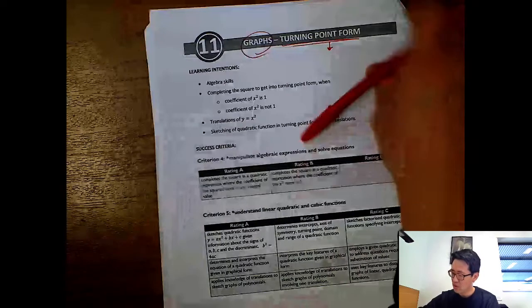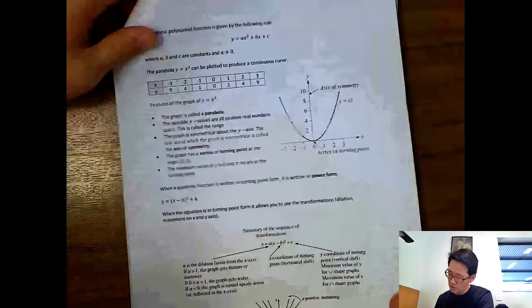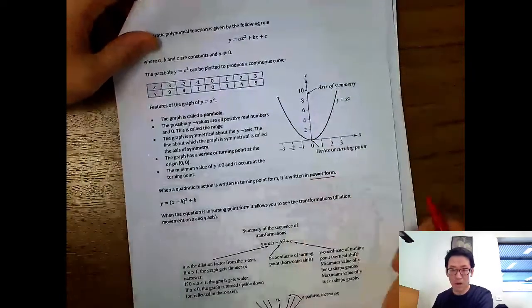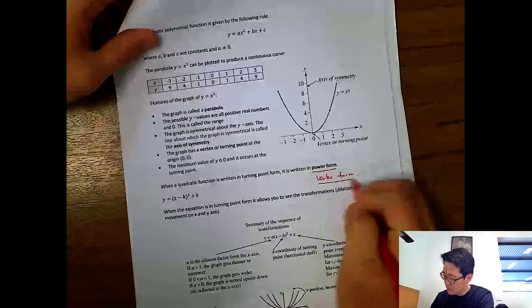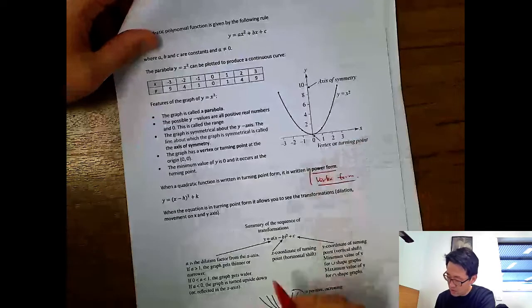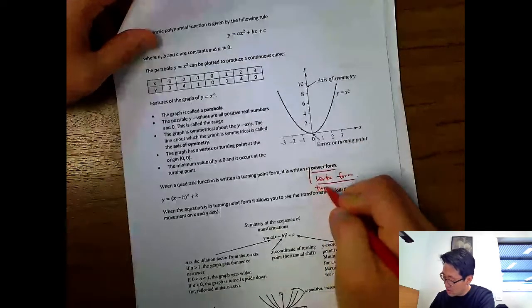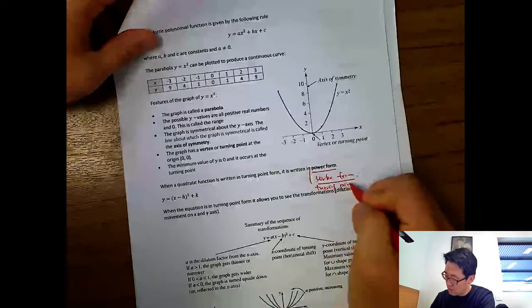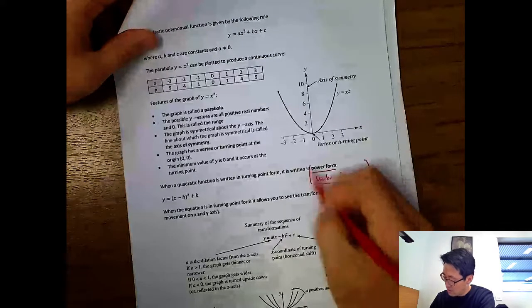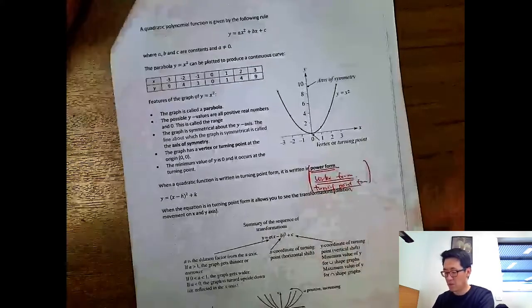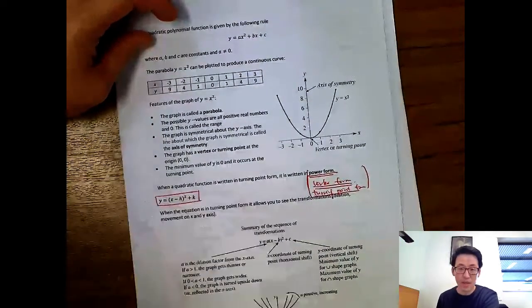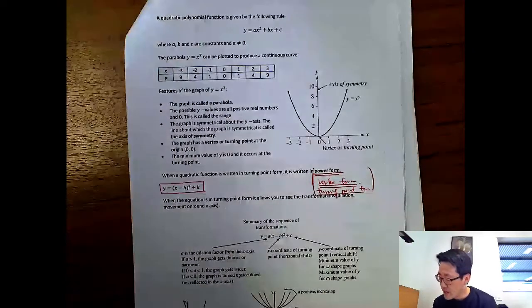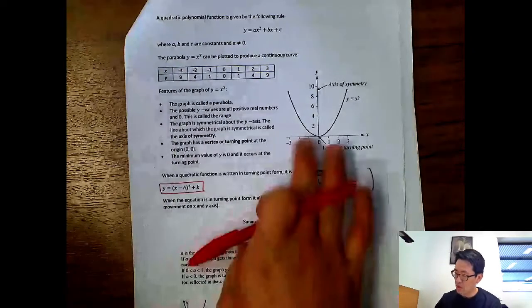Vertex form, or turning point form, it's all the same thing. Doesn't matter which word you see, they're talking about the same thing. Before we get into that, I'll go and draw this one.